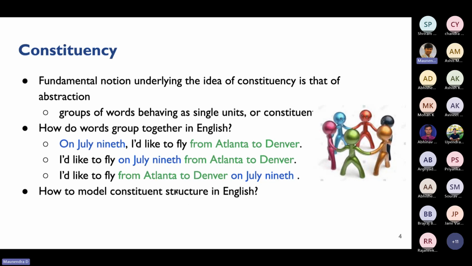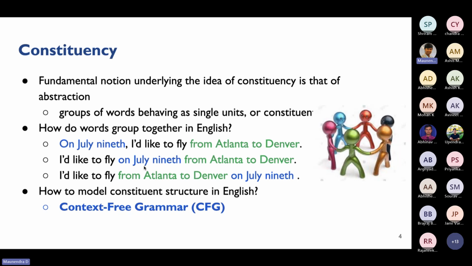Across these three sentences, we see that they are trying to convey the same message. At the same time, the overall appearances of the sentences are different. On the other hand, some of the constituents are intact across the sentences. So if we are able to understand these kinds of constructs, we may be able to get the meaning of the sentence in a better way.